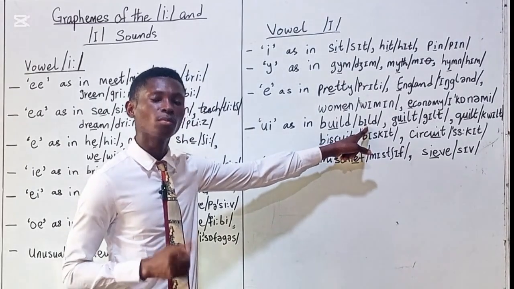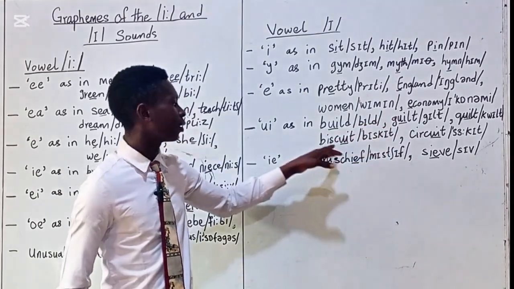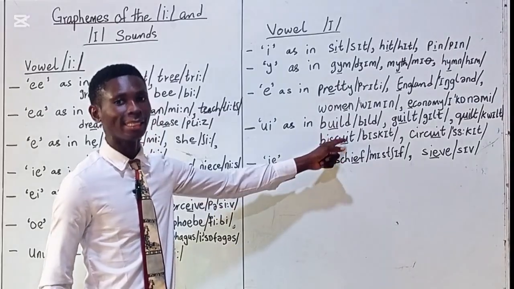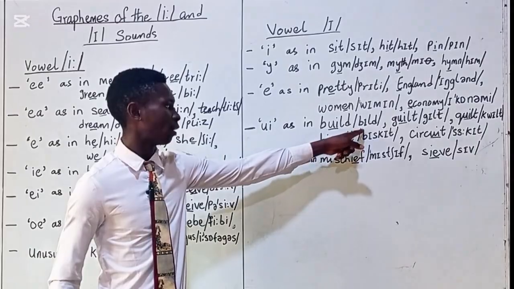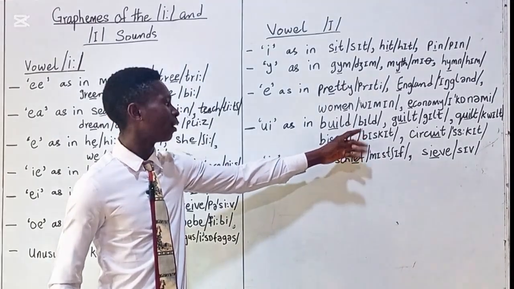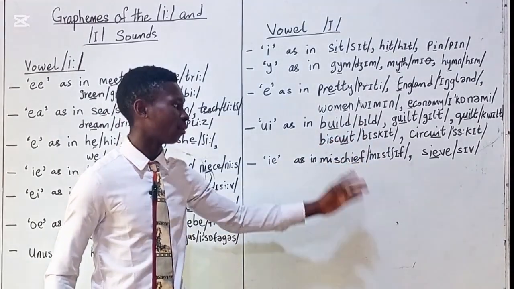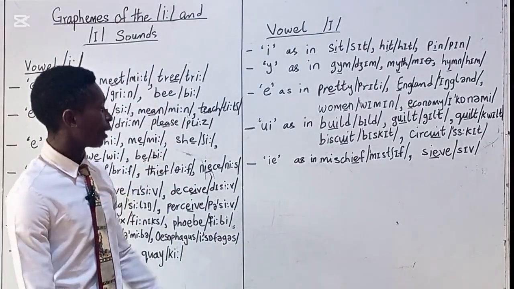It's build. Biscuit, and not "bis-kwit". The stress is on the first syllable. That's why we have this symbol. We have circuits. All right.